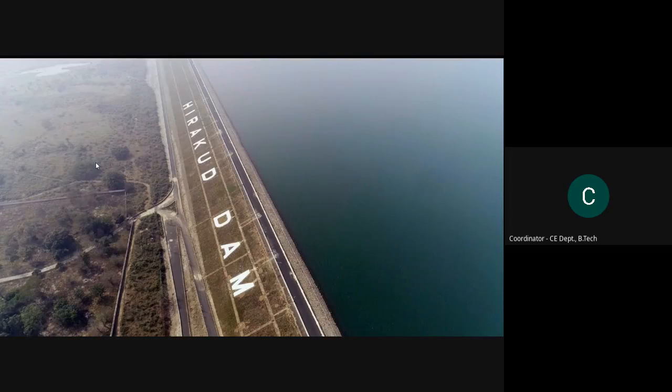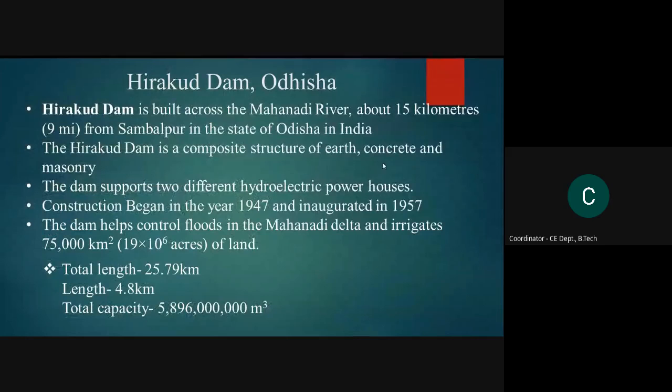So this dam is basically constructed using three types of construction materials: earth, concrete and masonry. The dam supports two different hydroelectric powerhouses. Construction began in 1947 and it was inaugurated in 1957. So it took almost 10 years for the dam to become fully functional.